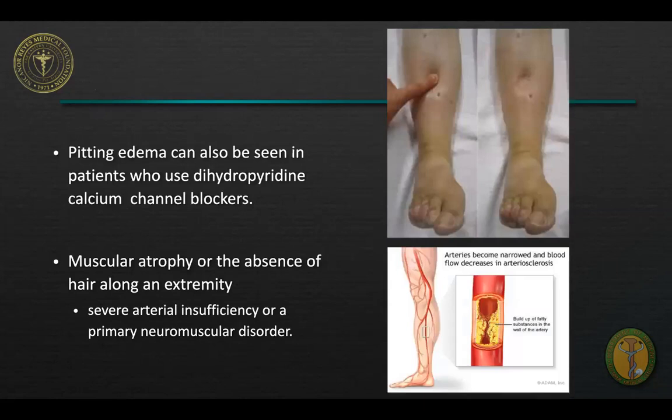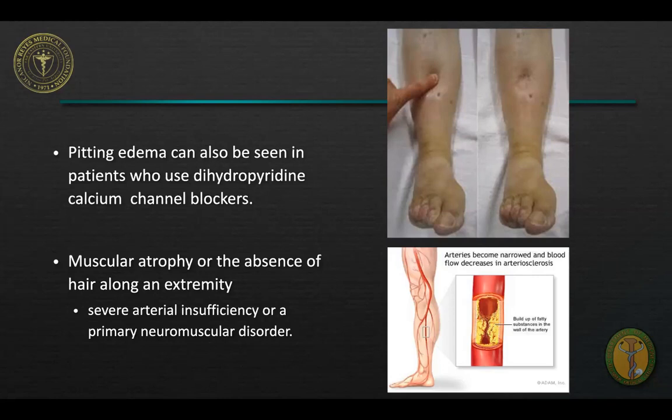Not all pitting edema is caused by heart failure or other systemic diseases. It can also be seen in patients who use dihydropyridine calcium channel blockers, an example being amlodipine.